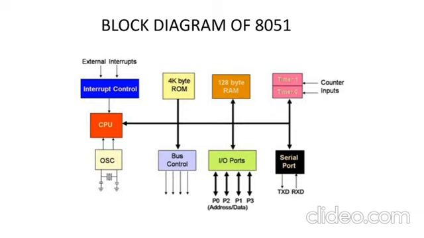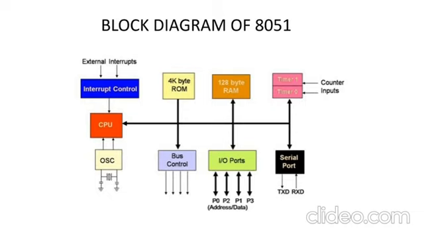Now next you have I/O ports. I said you have 4 ports: port 0, port 1, port 2, port 3. In each port you have 8 bits, so in total you will have 32 I/O lines. Next you have a serial port. Serial data can be received using the RxD pin, and if we have some serial data to be transmitted, we can transmit it using the TXD pin.